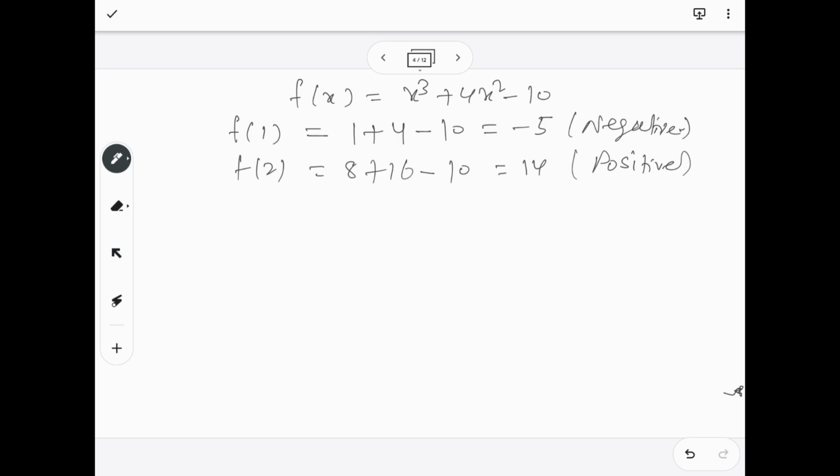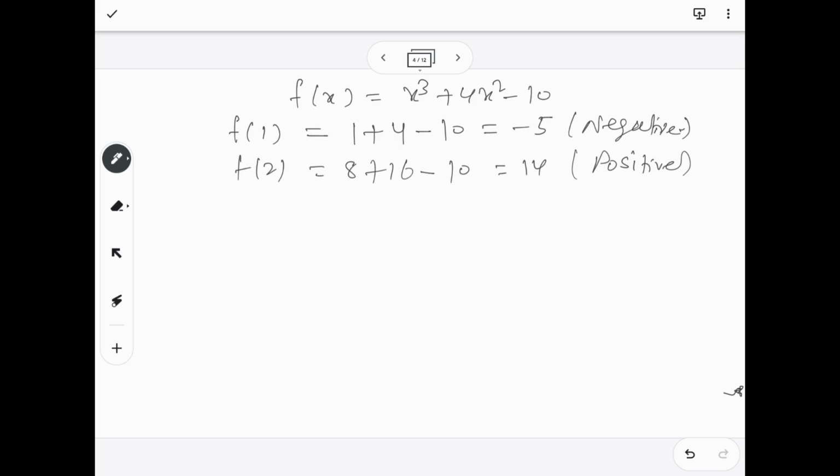And we know that if a function maps from a negative to a positive value, then at a certain point it will cut the x-axis, and the point where the curve cuts the x-axis, that is the root.